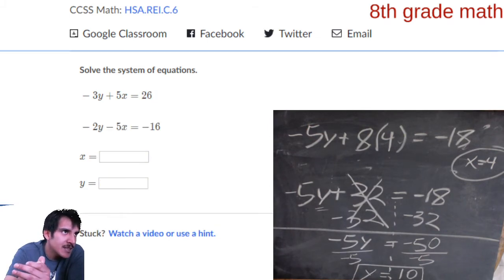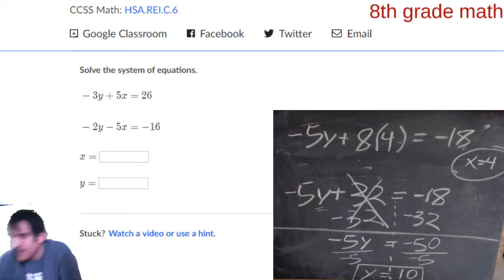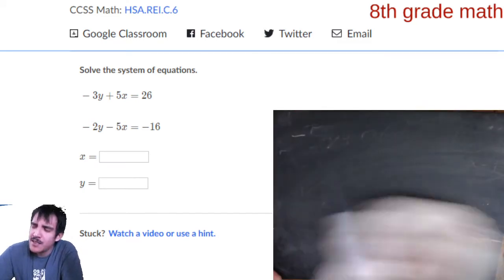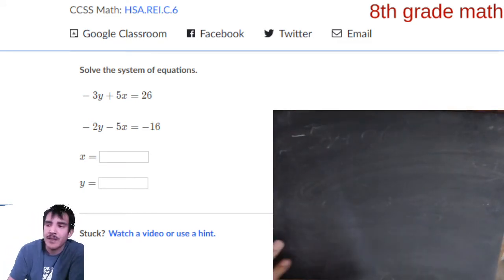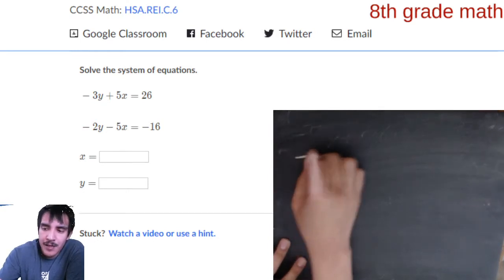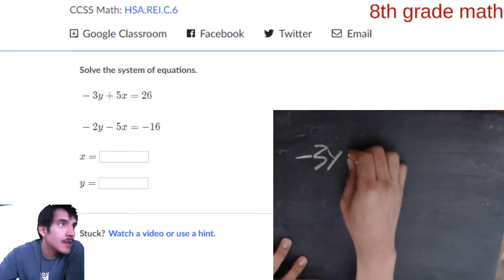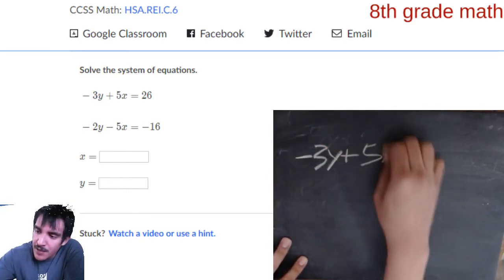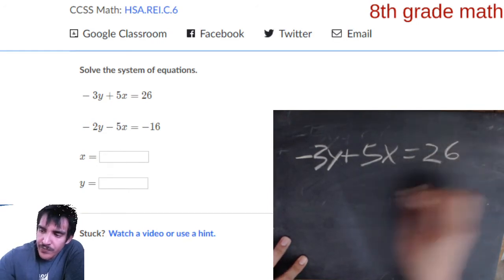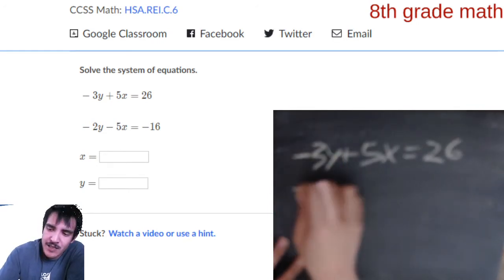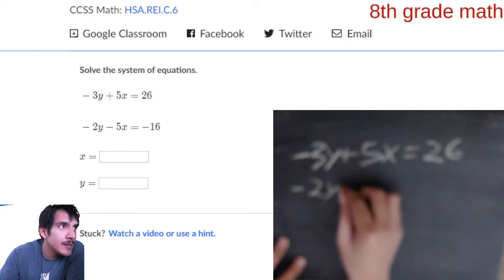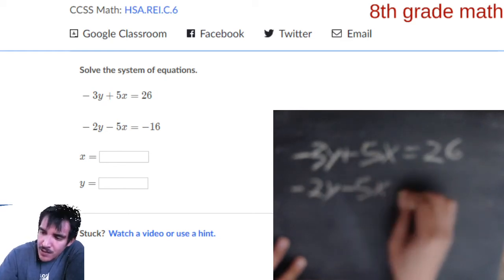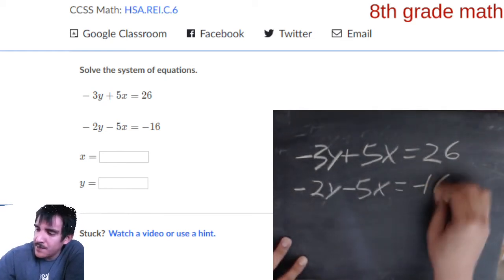So let's try this one. This is another elimination problem. So we have negative 3y plus 5x equals 26. And then the other equation is minus 2y minus 5x equals negative 16.